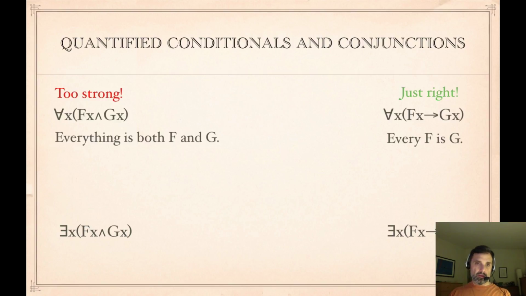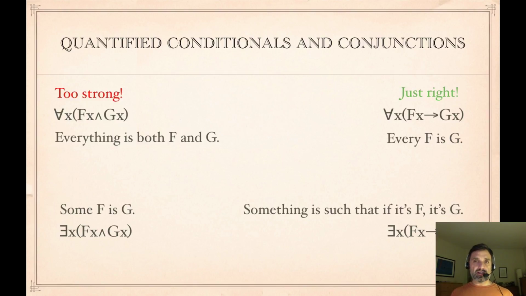So the top left is too strong to symbolize most of the things we would say normally. Okay, now back to the bottom left. This says some F is G, some frog is green. The bottom right says something is such that if it's a frog, then it's green. So this is super weak. That conditional, if Fx then Gx, is true of me. Since I'm not a frog, the antecedent is false of me. If a conditional has a false antecedent, it's a true conditional.